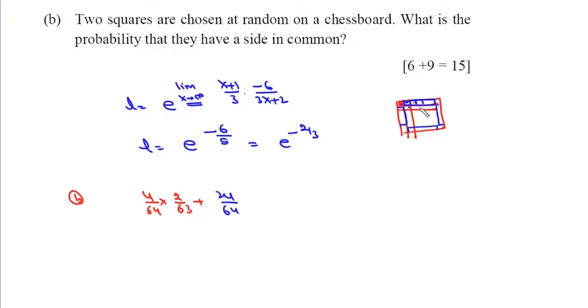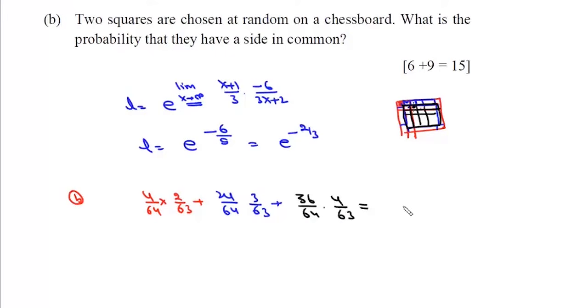So we need to choose any one out of 3, which can be done in 3 by 63 ways. And then plus, if we choose any of the remaining squares, now the total number of remaining squares will be 6 into 6, 36. So the probability will be 36 by 64 into, so each of these squares has 4 neighbors. So we can choose any one out of 4. It can be done in 4 by 63 ways.